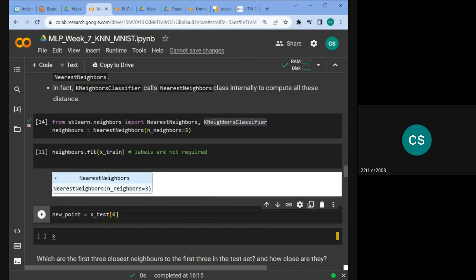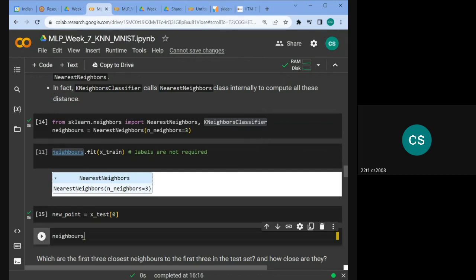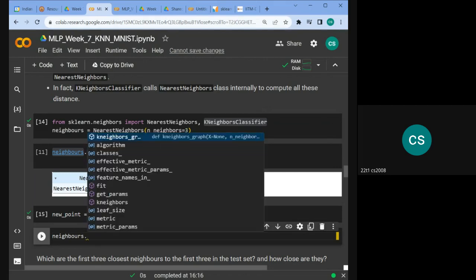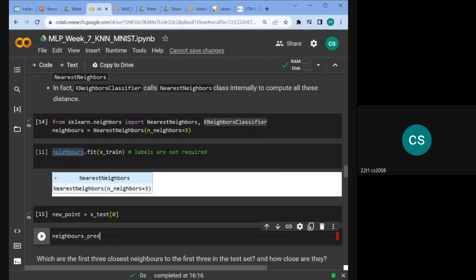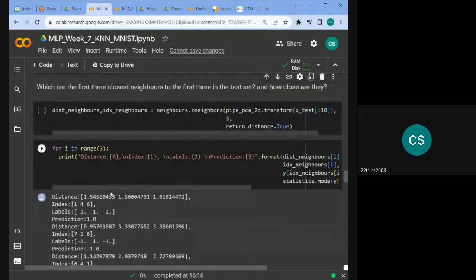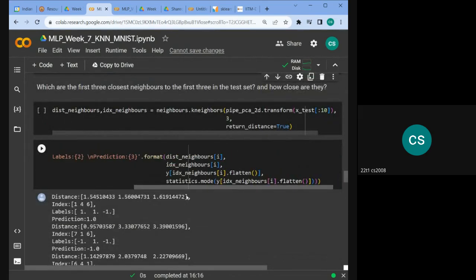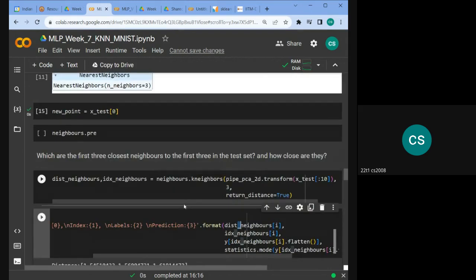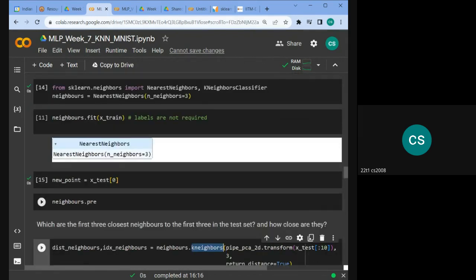So what I will do is I'll write predict. No, it won't work. I have to write it's test 0, neighbors.